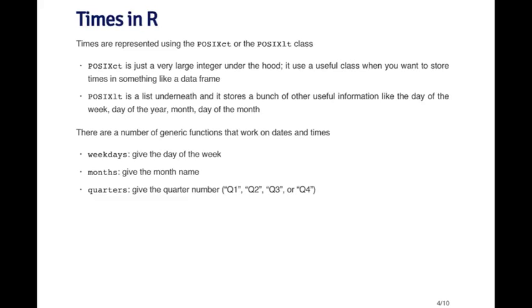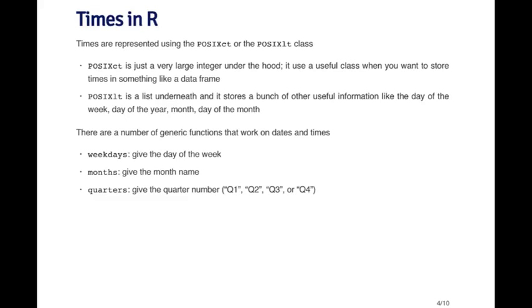It's a useful class if you want to store times in a data frame or something like that, because basically it's like a big integer vector. POSIXlt stores a time as a list underlying, and so it stores a bunch of other useful information about a given time. For example, what's the day of the week of that time, what's the day of the year, the day of the month, or the month itself.